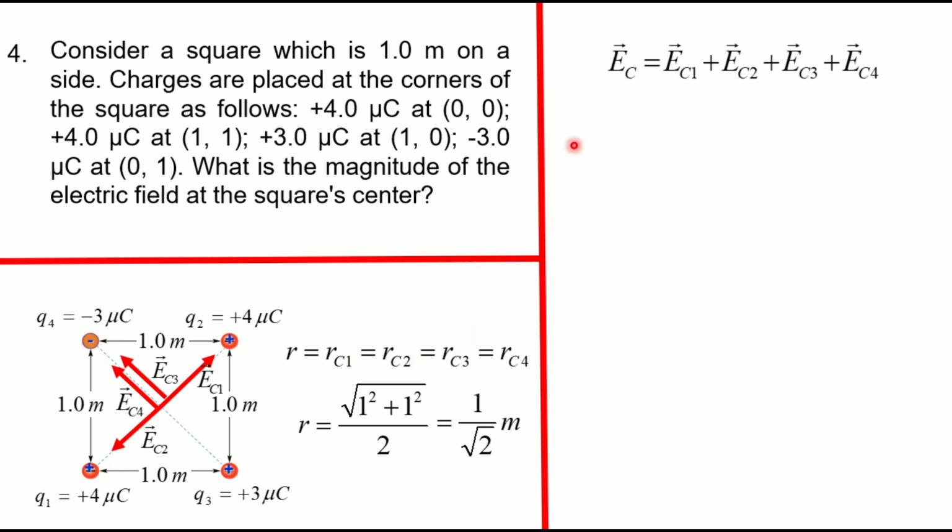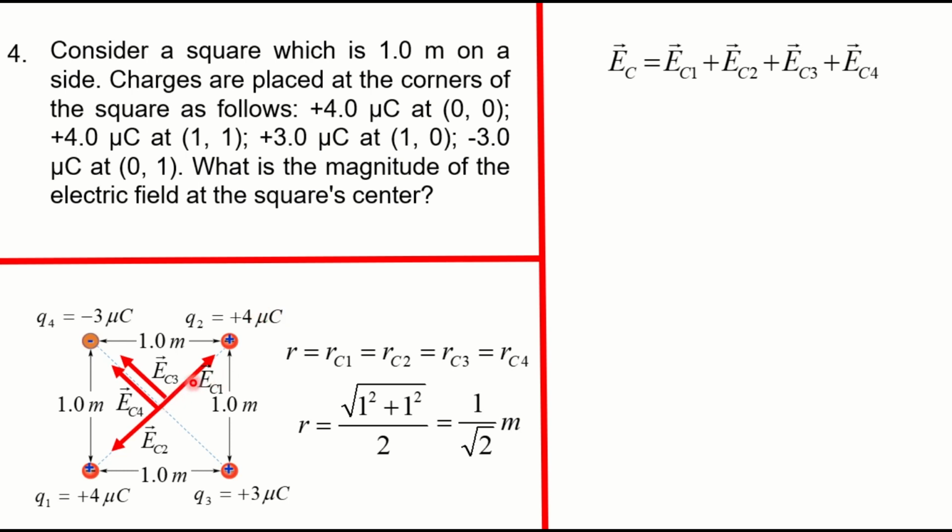So to find the total electric field at the center, we need to add up EC1 plus EC2 plus EC3 plus EC4. If you look closely, you can see EC1 and EC2 are opposite to each other. Q1 is positively charged, and Q2 is also positive 4.